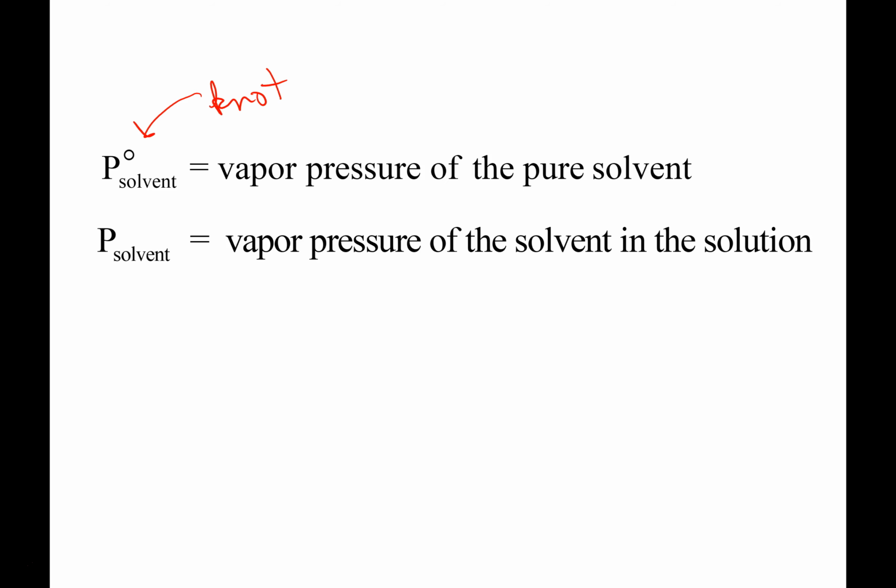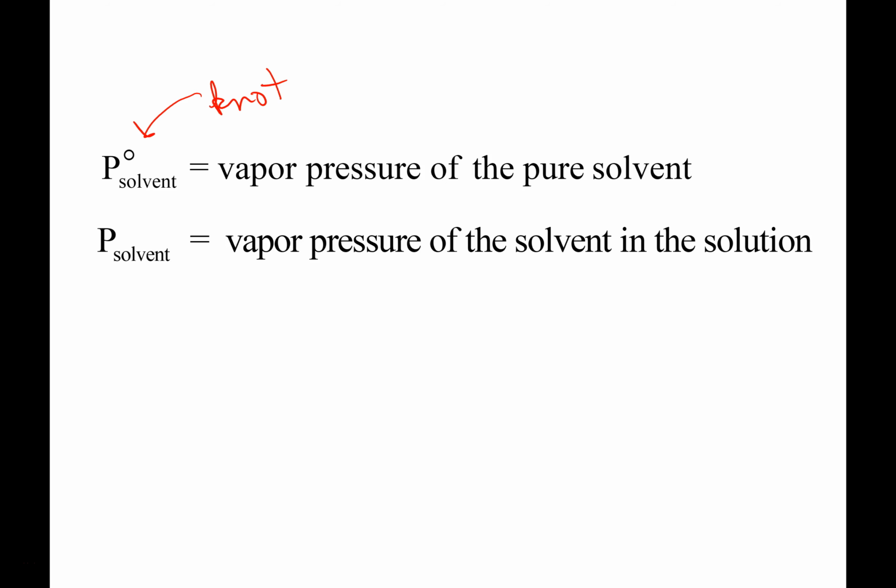So that would be this one right here. You can't see the colors very well, but this was my mixture. I have blue particles running interference. Those are my solute particles. And so this would be my P, and this would be my P naught of my solvent.